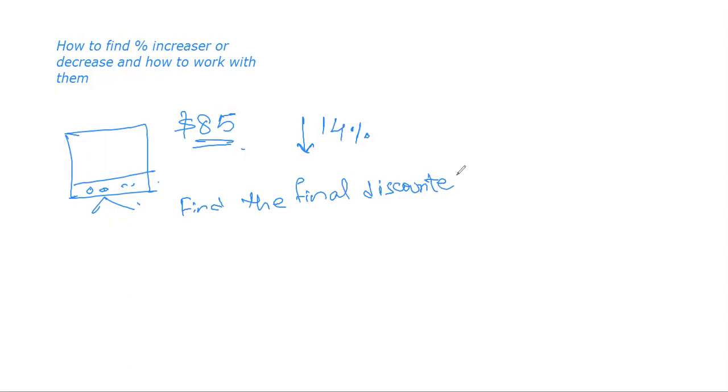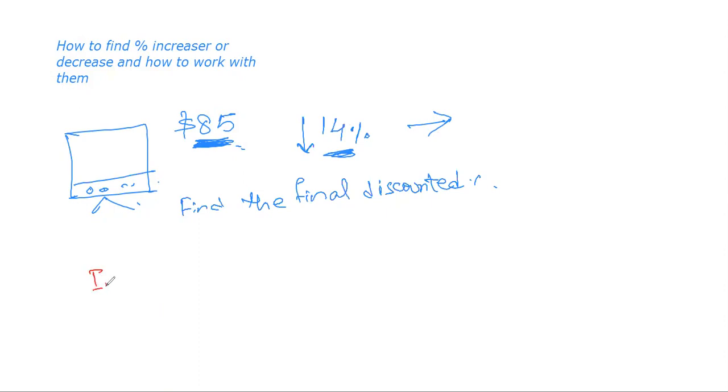Okay. Now in this case, we know that this $85 was my initial price, right? And this 14% is the decrease in percentages, and what I will get, which is my discounted price, would be my final price. So in this question of percentage increase or percentage decrease, you have three things.